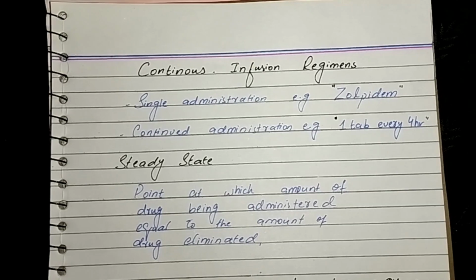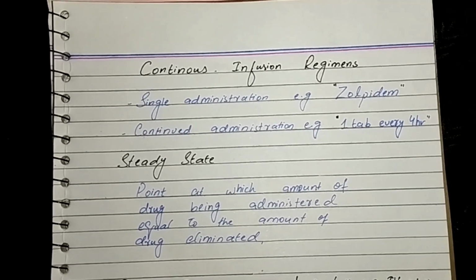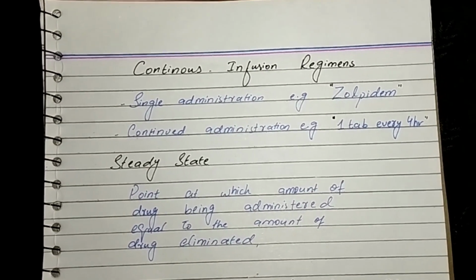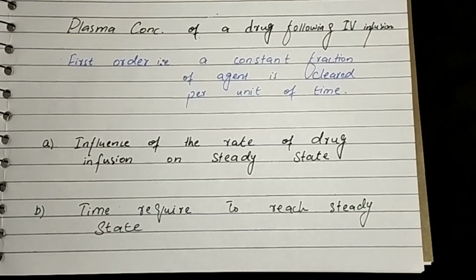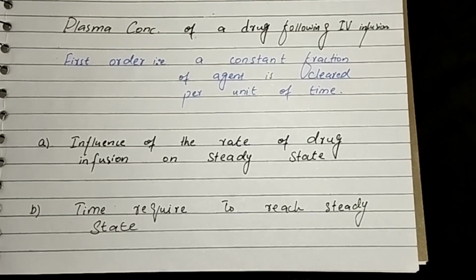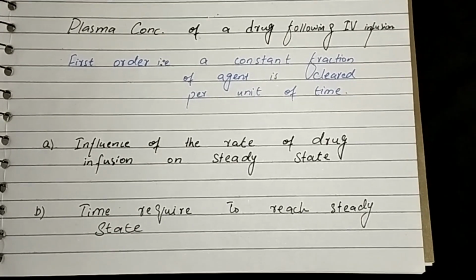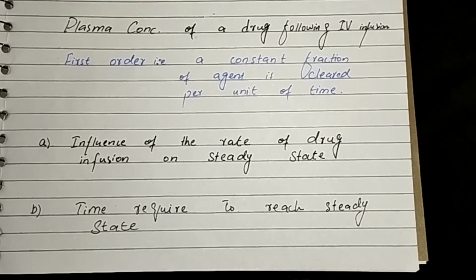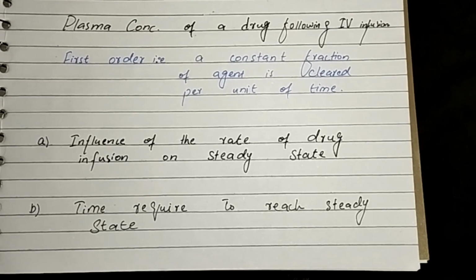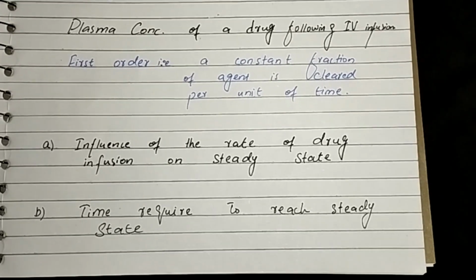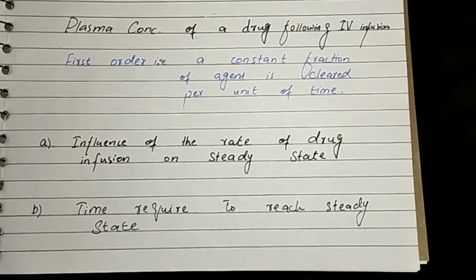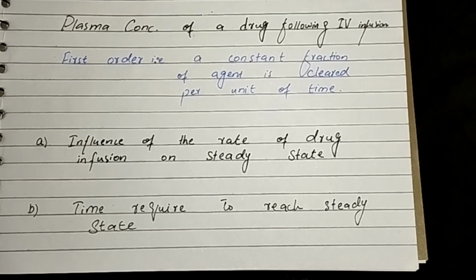Now we move towards the observation of what happens to the plasma concentration of a drug following IV infusion. With continuous IV infusion, the rate of drug entry into the body is constant. In the majority of cases, the elimination of the drug is first order, that is, a constant fraction of the agent is cleared per unit of time.